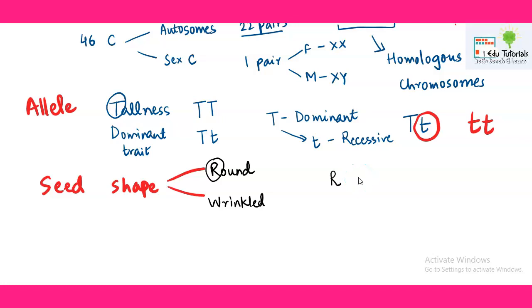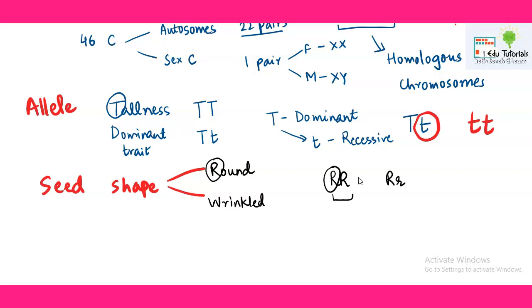If the plant possesses round seeds, then round seeds could be denoted by capital R capital R, or capital R small r. Remember, this is a dominant trait. That is why one capital R should compulsorily be there. Otherwise, the expression will change to recessive.